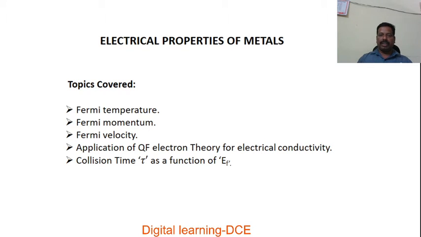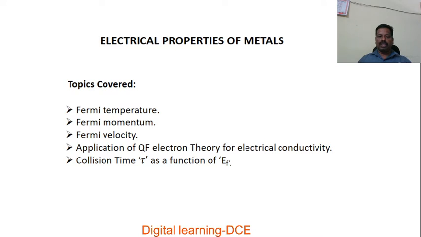Now we are going to discuss in this session topics like Fermi temperature, Fermi momentum, concept of Fermi velocity, application of quantum free electron theory to electrical conductivity, and collision time tau as a function of Fermi energy.